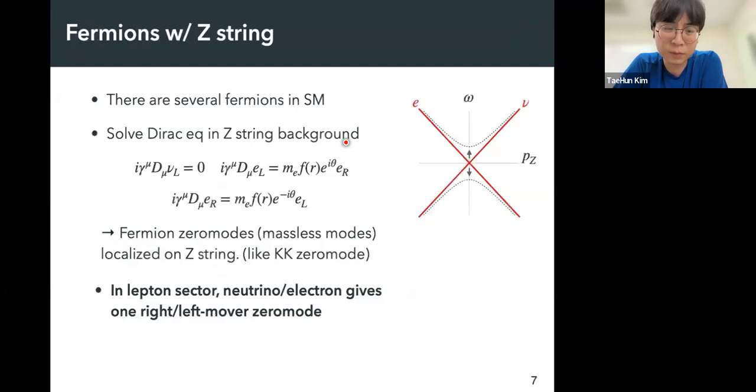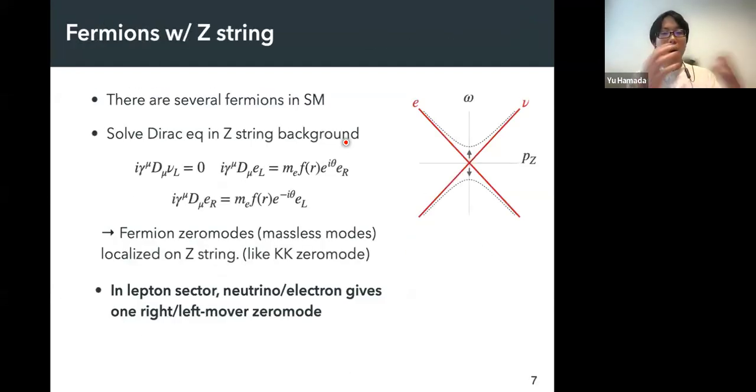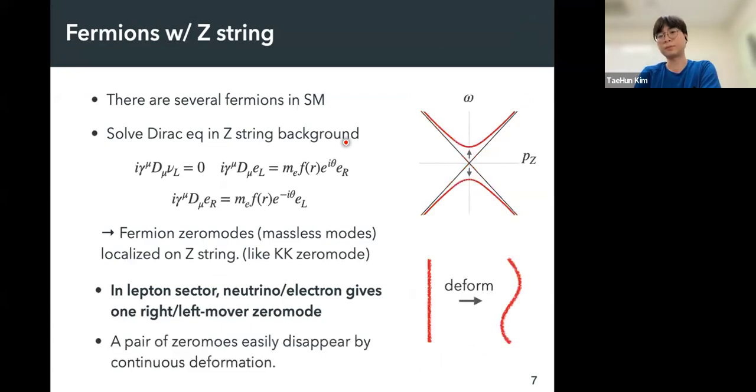And this gives a coupling between the electron and the neutrino, and this may give some non-trivial mass term between the two zero modes. This is another case that gives a mass. And then if the neutrino does not appear in this diagram, then it cannot happen. Exactly.